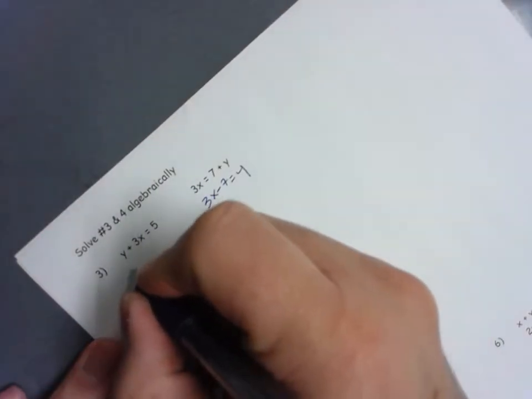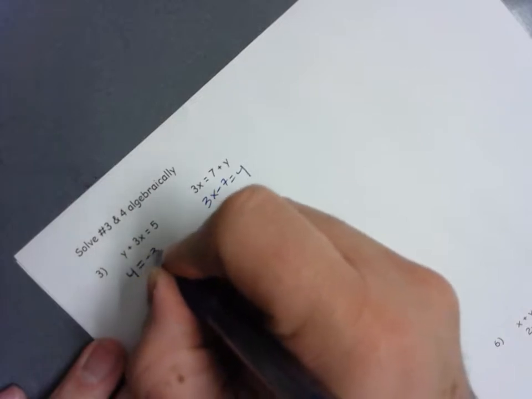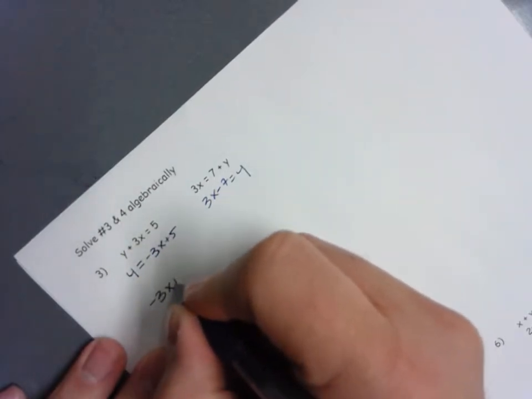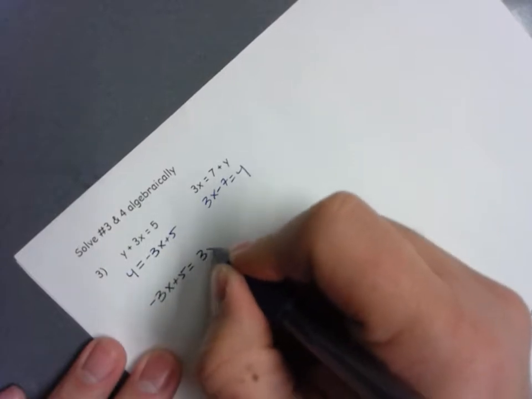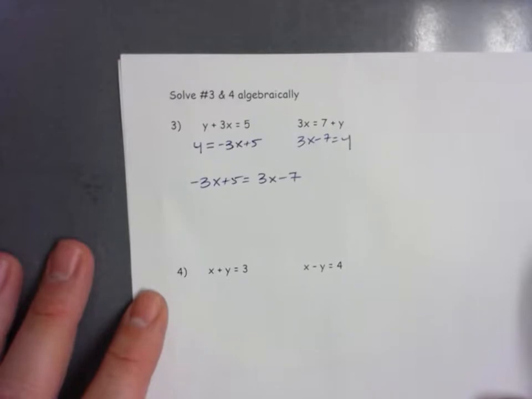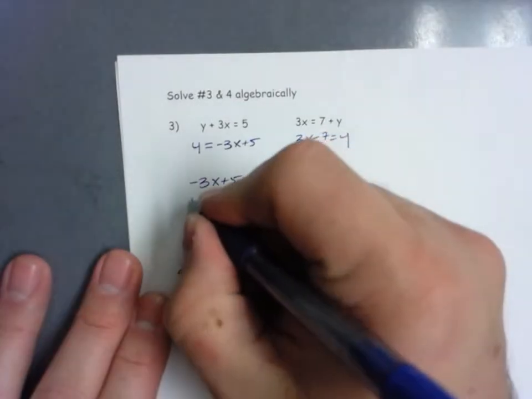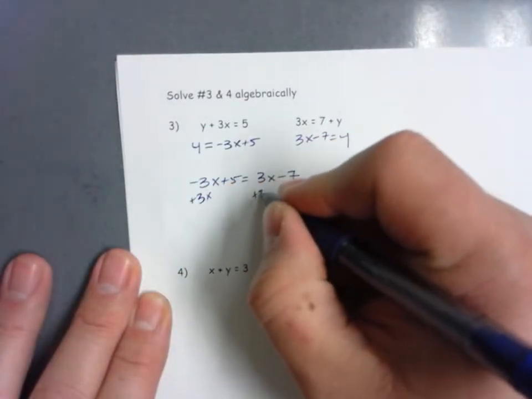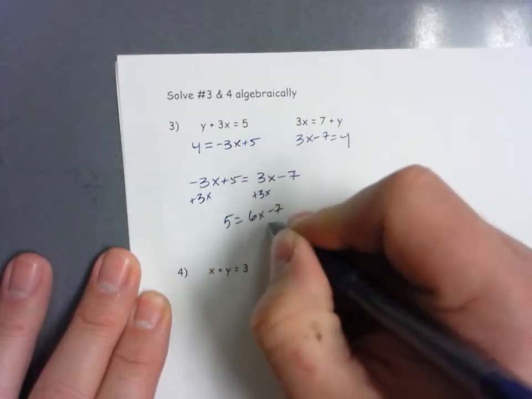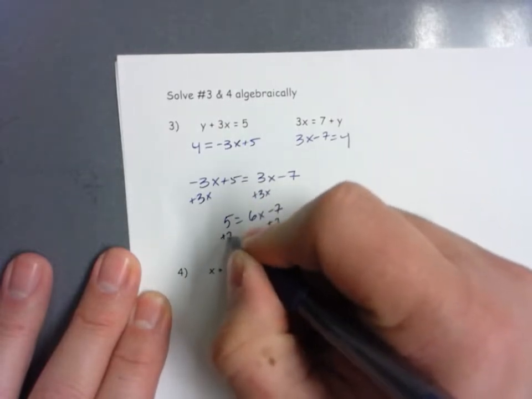This would be y equals negative 3x plus 5. So I set them as negative 3x plus 5 equals 3x minus 7. Add my 3x over. 5 is equal to 6x minus 7. Add the 7 over.